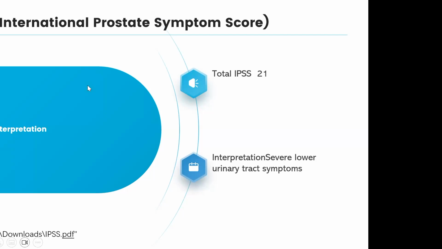So we just ask. Otherwise, if it were not for the IPSS, International Prostate Symptom Score, we would just be asking how many times you get up, how is the flow, how is the stream?